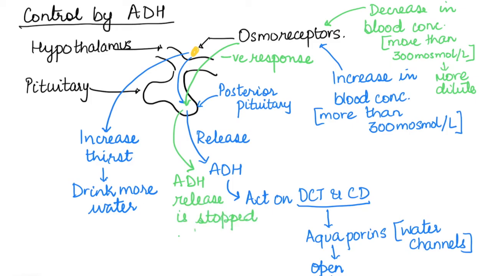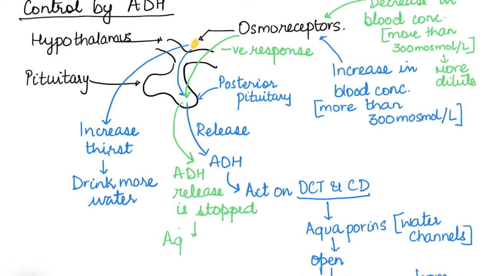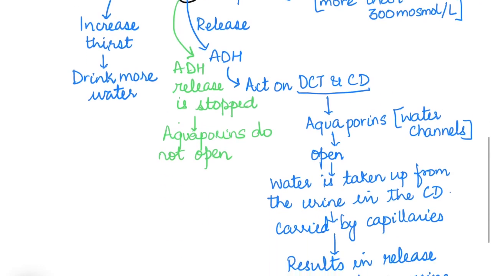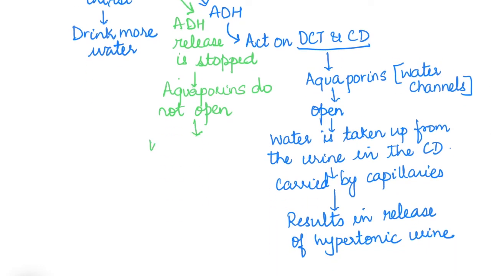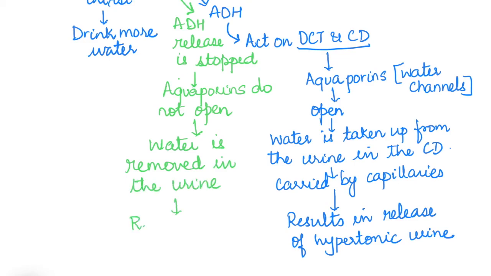When ADH is not present, the aquaporins do not open, and this leads to the loss of water in the urine. There is more water lost in the urine as it is not taken back through the aquaporins. So this results in a hypotonic urine being released. So this is the control by ADH.